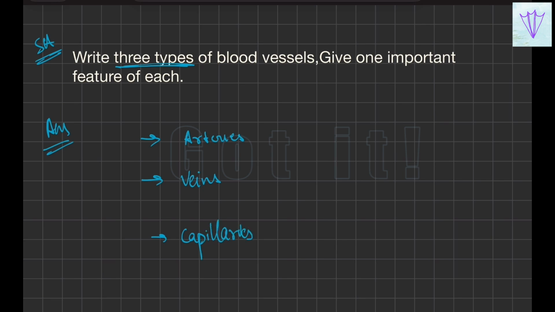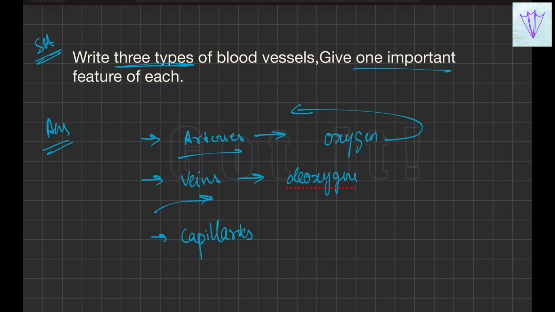These are the 3 blood vessels in our body, and they asked us about one important feature of each. Very simple: arteries carry oxygen-rich blood, while veins carry deoxygenated blood, and arteries take the blood away from the heart, while veins bring the blood towards the heart. You can write that as well.